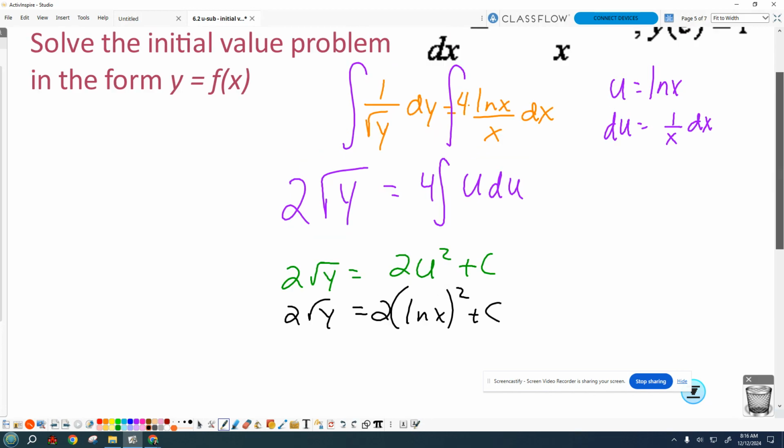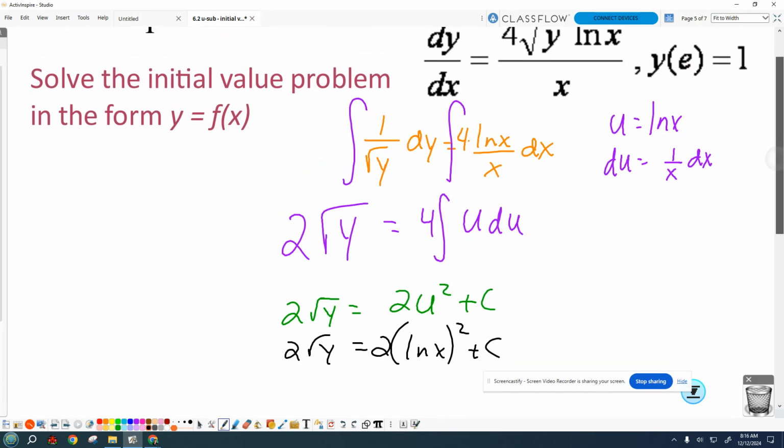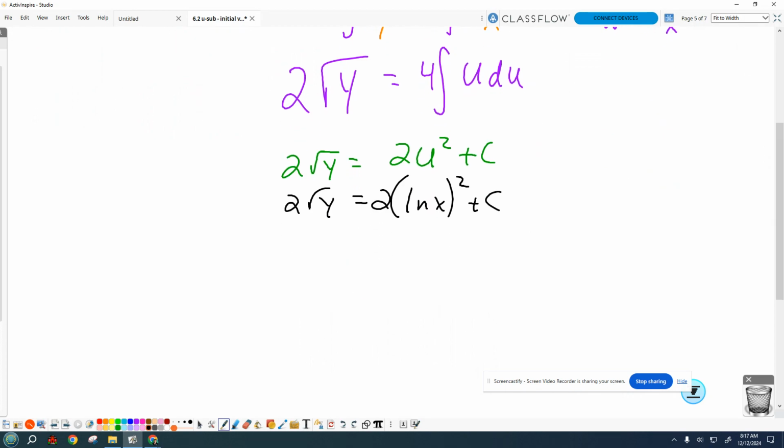Okay, I gotta remember my initial value was y of e equals 1. Okay, did I solve for y yet, Alex? Cameron, you get to choose this time. Do I plug in and solve for c now, or do I get y by itself?